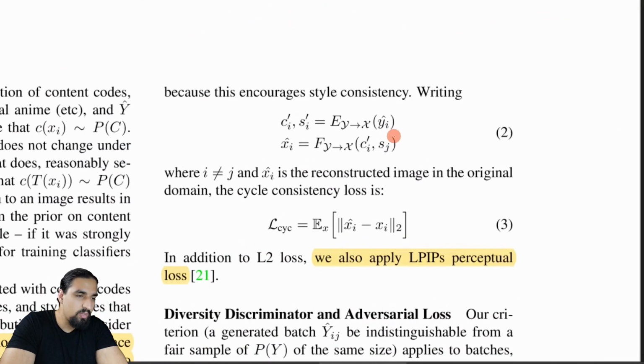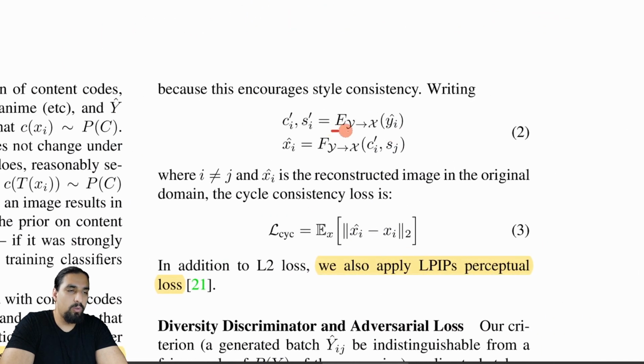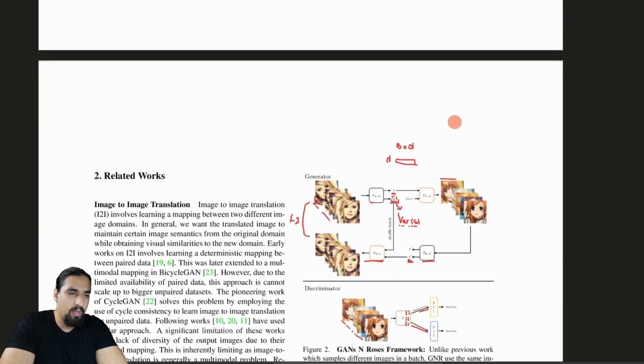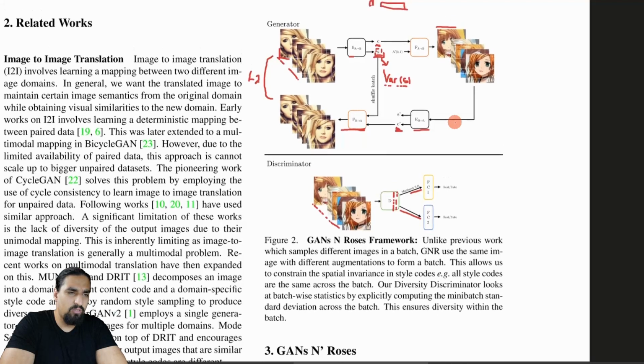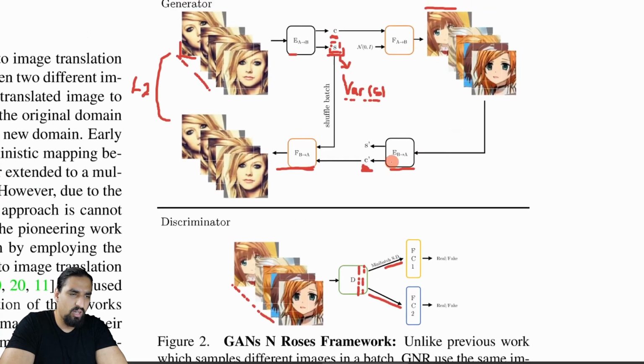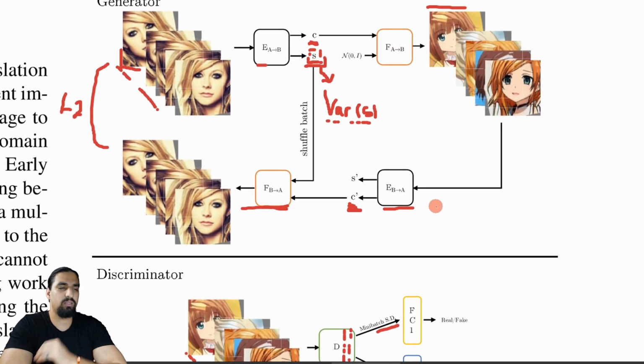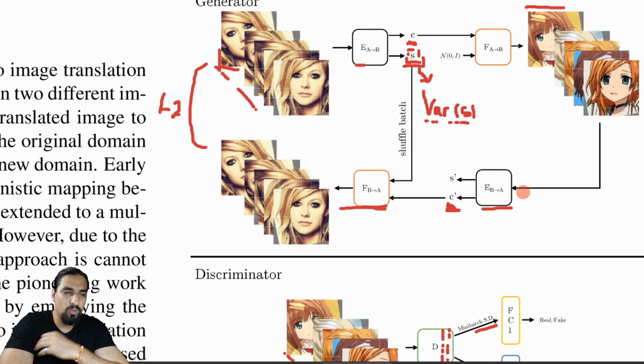So this part here is the encoder, so from Y to X. So they are just kind of mixing different notations here. They say B to A, they say Y to X in the equation down there, but they want to say this thing. That equation represents that you feed in the generated image here, and out come the content code and the style code.